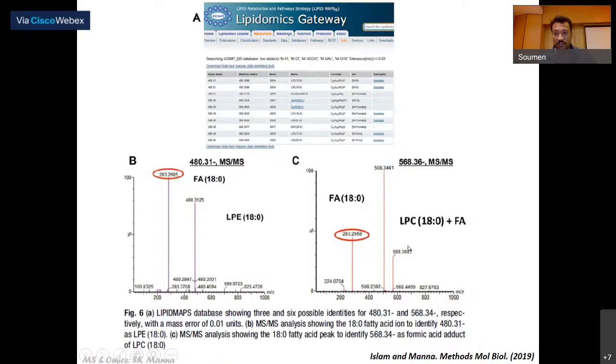You can see here 568, it gives you a neutral loss of 60 to give you 508. So by looking into that pattern, you can see that these are both lipids containing fatty acid 18:0.